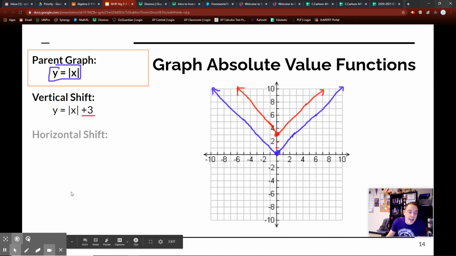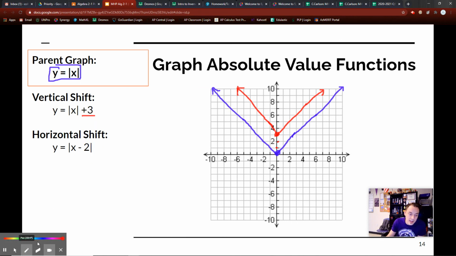If I say I want to do a horizontal shift, it's going to look something like this. Most of you would think, oh, so it's going to move left too, right? Actually, no. It's not going to move left too. This is actually a built-in negative sign, which means this is saying negative positive 2.